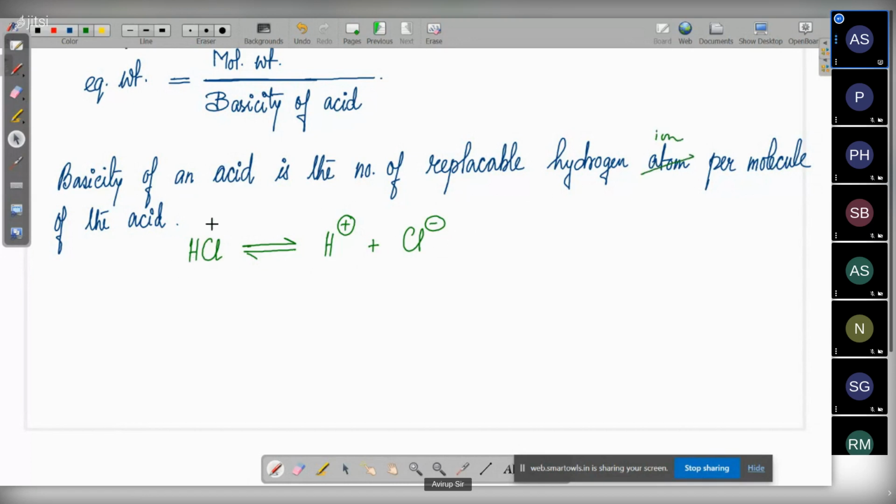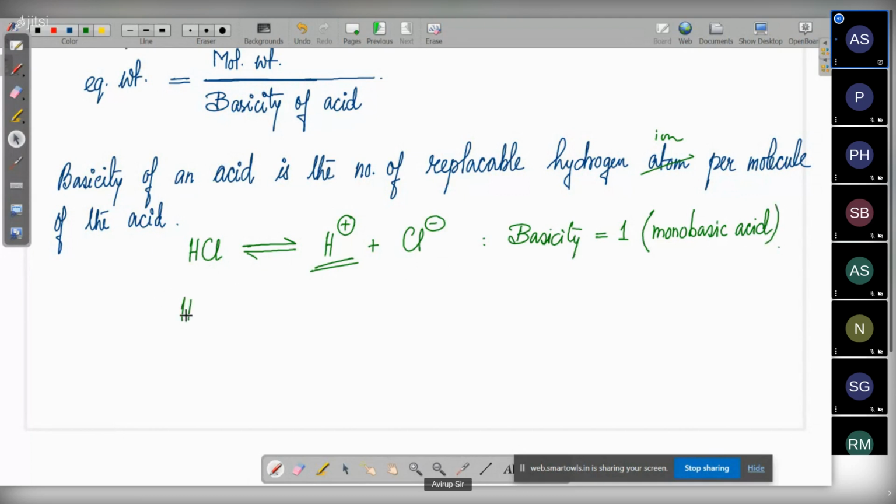So from one molecule of HCl, how many H plus did you get? Only one. So that is why we say for HCl the basicity is 1. That's it. Such an acid is known as monobasic acid.